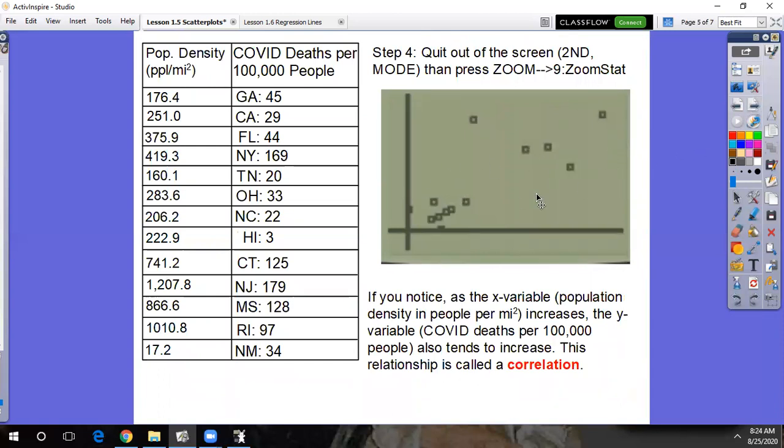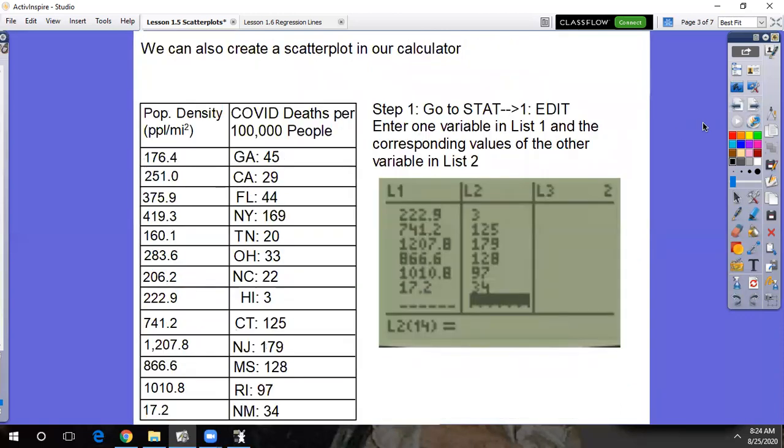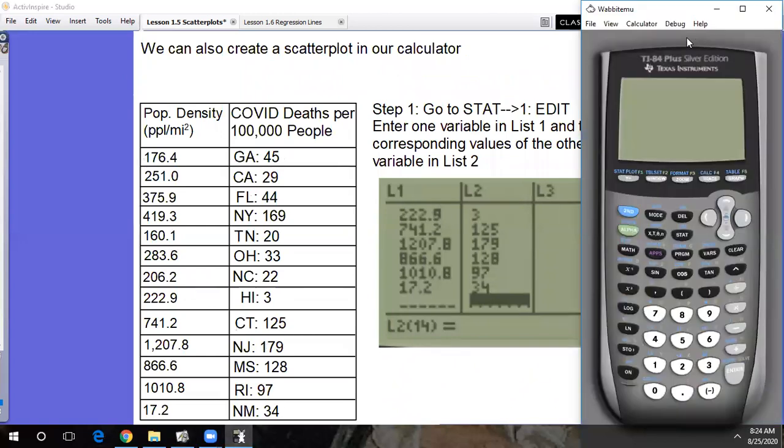This I created using the graphing calculator. So now we're going to walk through how to do this with a graphing calculator. First, turn on your calculator and press Stat Edit and bring up these lists. Anytime that we're dealing with lists of data, these lists are what we're going to use. We're going to clear anything that's in there, and we're going to start entering our data. Make sure that what you enter here corresponds to your first entry in the second column.